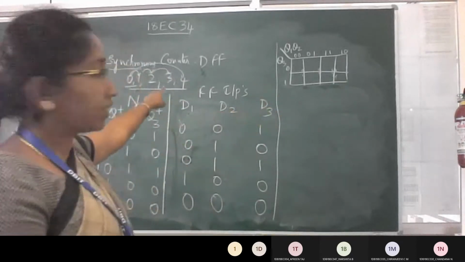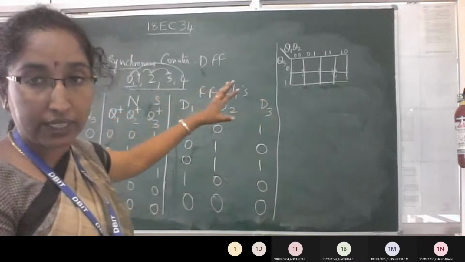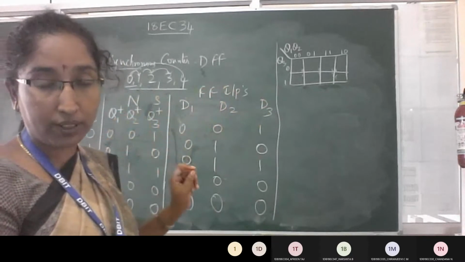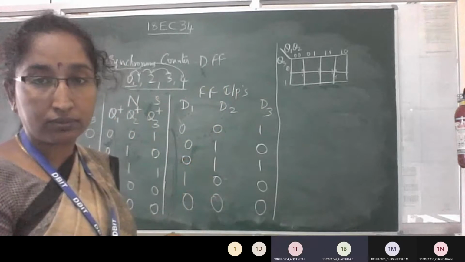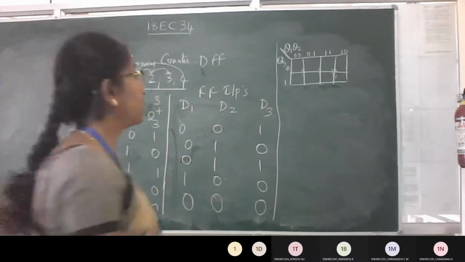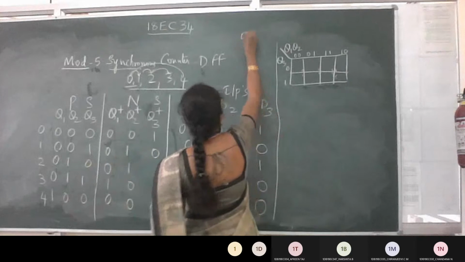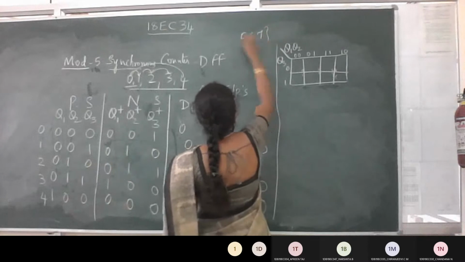Here it is written 8 cells, but we have taken the states only up to 4. The remaining cells 5, 6, 7 have to be loaded with what value? Don't care. So 5, 6, 7 by default you need to take as don't care.